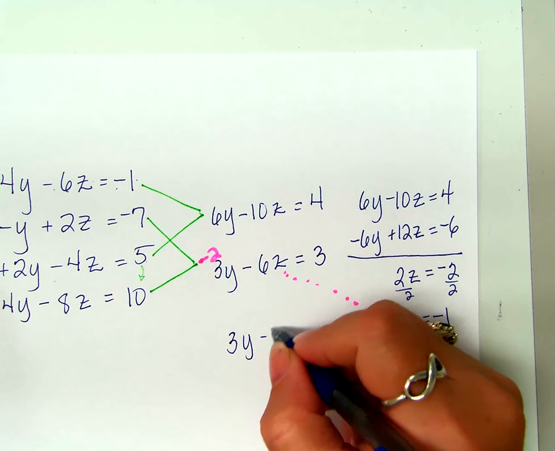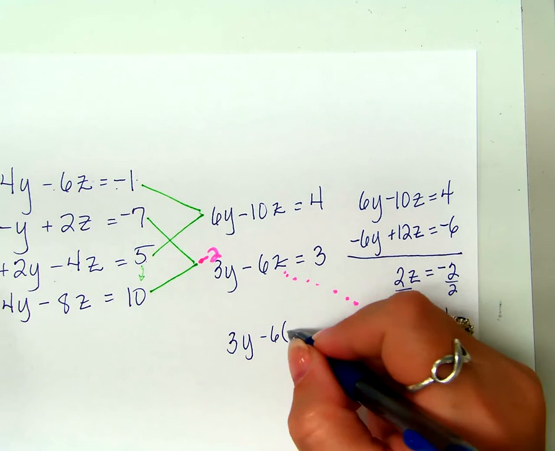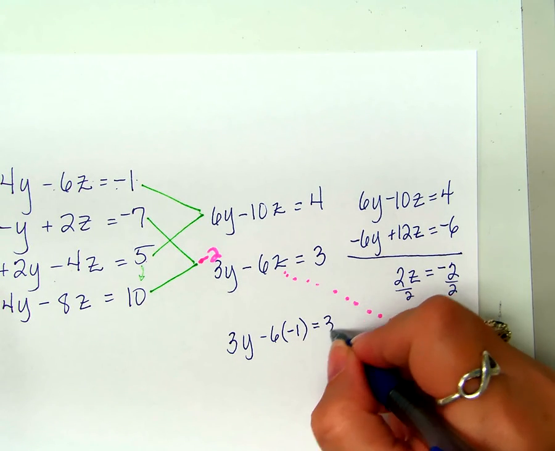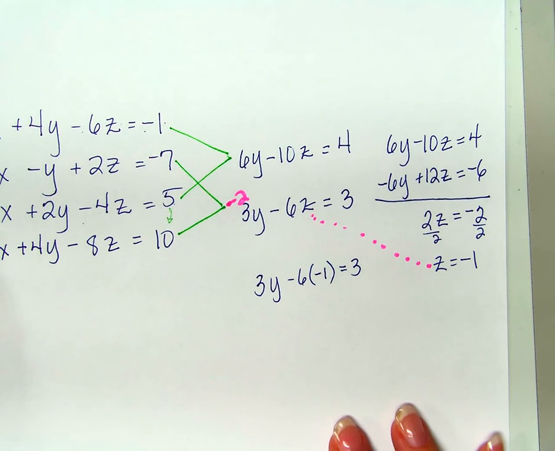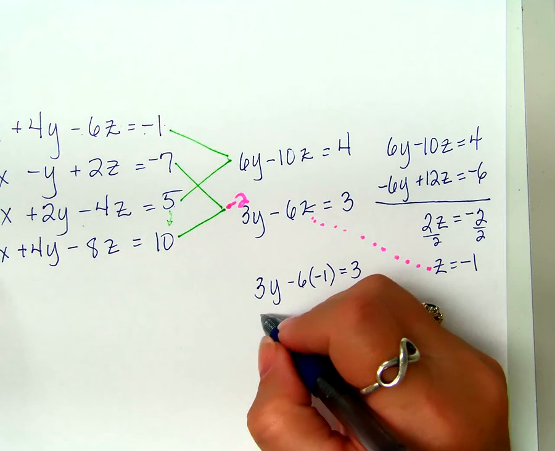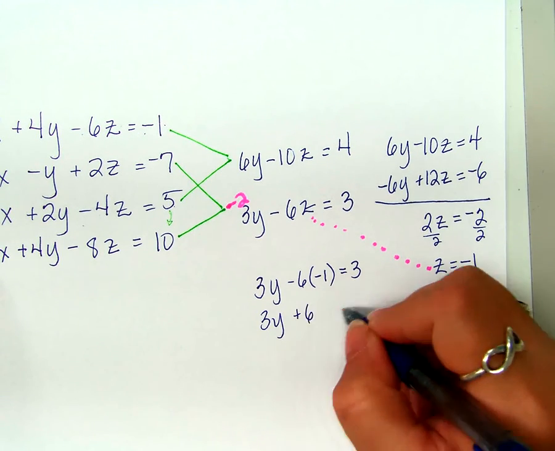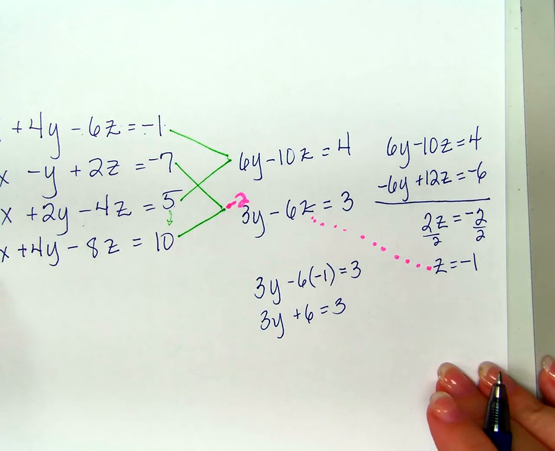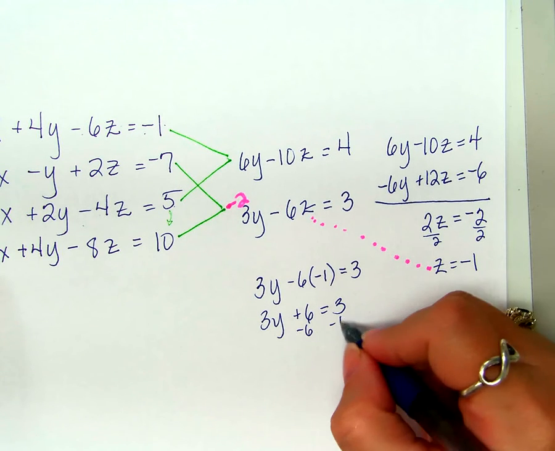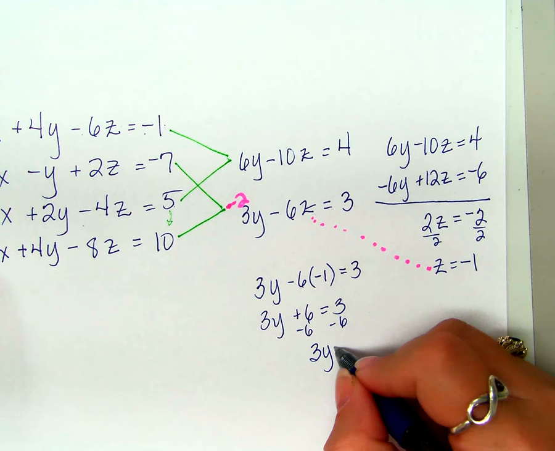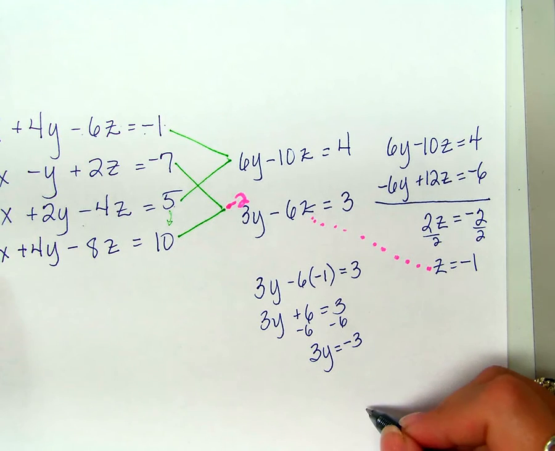3y minus 6 times negative 1 equals 3. Well, 3y plus 6 equals 3. So if I subtract 6 from both sides, I get 3y equals negative 3.